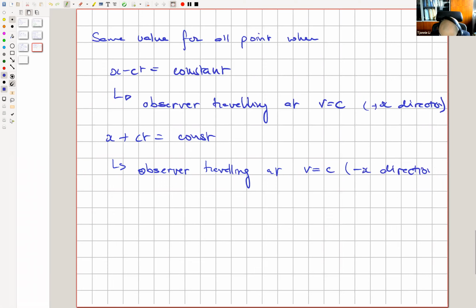What do I mean by an observer traveling with a particular v, right?